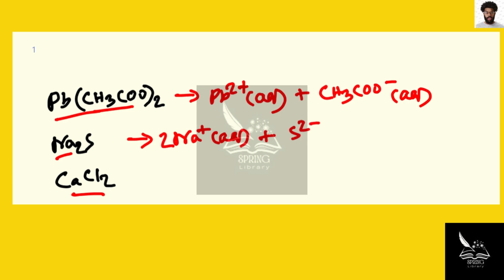We have two sodium here, and we have two acetate here. And calcium chloride will be dissociated as calcium ion and chloride ion.